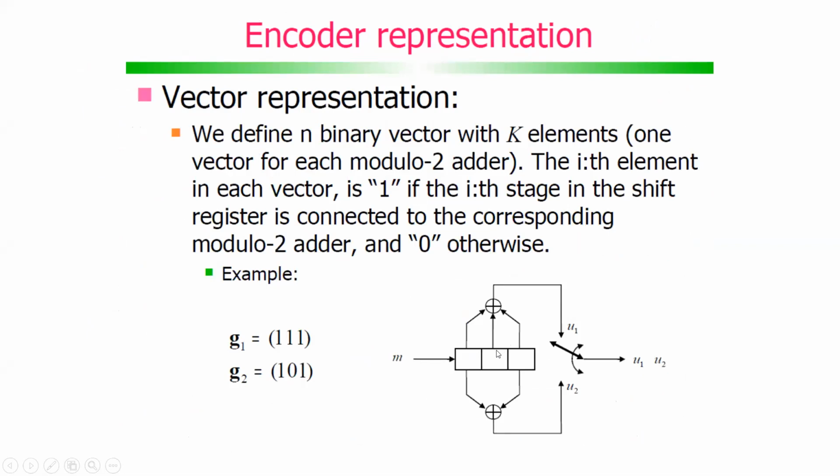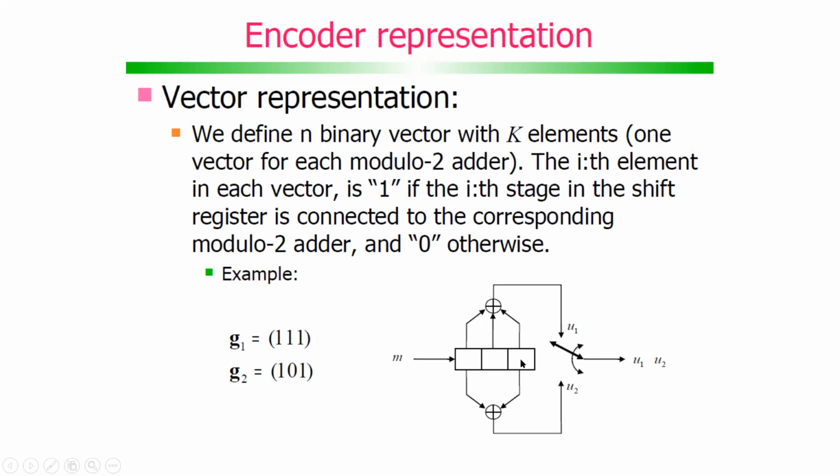State of a shift register is the second element and the third element of this structure. The second element and the third element is actually forming the shift register. As I am repeatedly saying, this first box is representing the input.